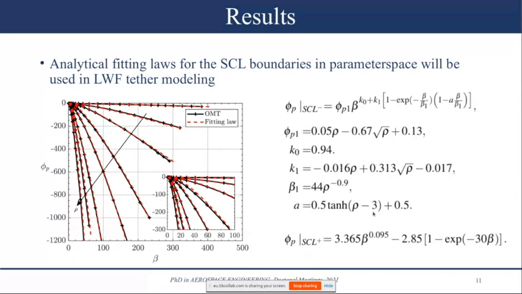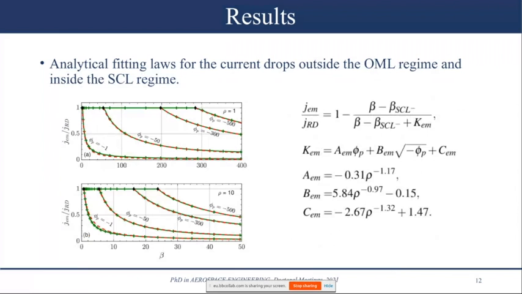Taking advantage of the numerous solutions in the database enabled us to provide some analytical laws for space charge limited boundaries in parameter space for both positive and negative bias, and this analytical law will be used in low work function tether modeling.